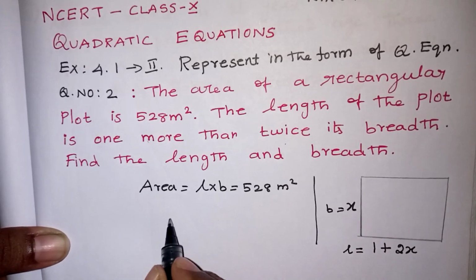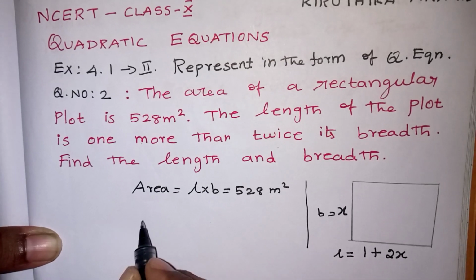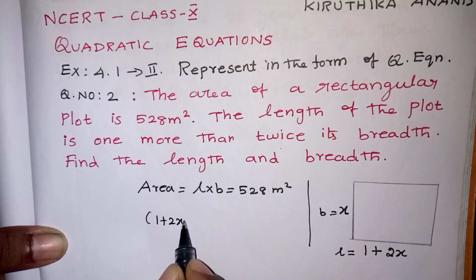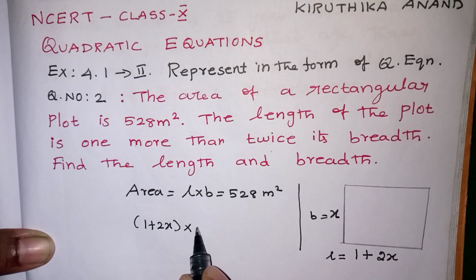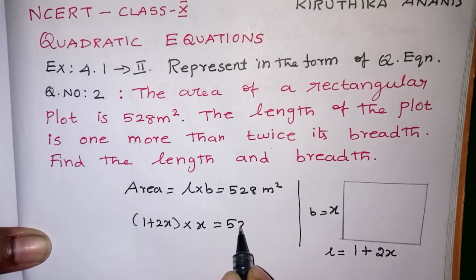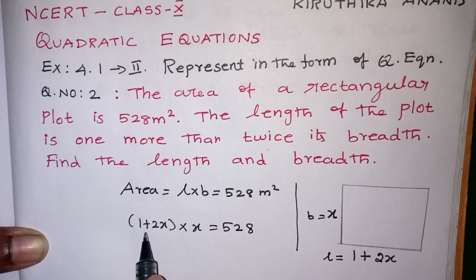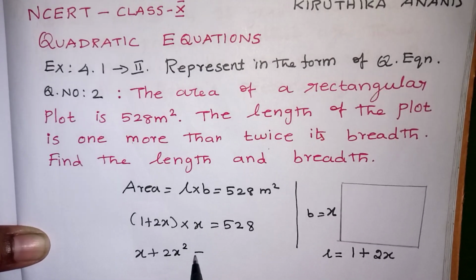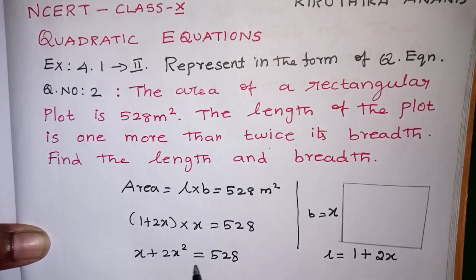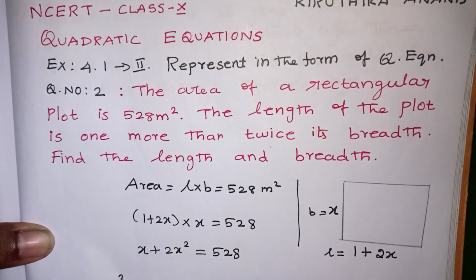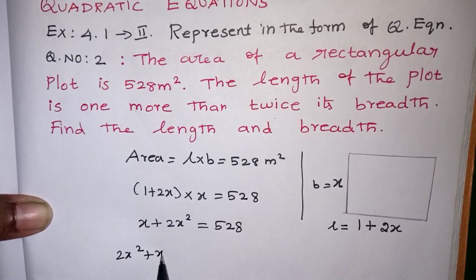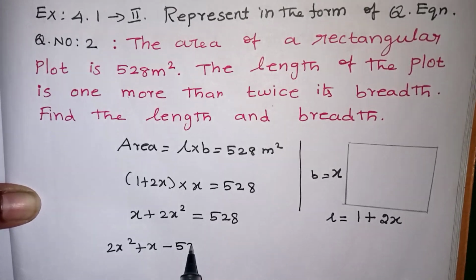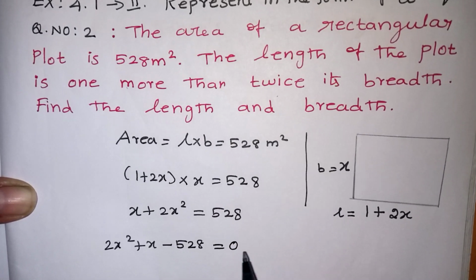Now just substitute here. In the place of L take 1 plus 2x and multiply by the b value x, which is equal to 528. Just multiply inside. 1 into x is x, plus 2x into x is 2x squared, which is equal to 528. Bring this term to this side. So 2x squared plus x, this 528, when you bring it to this side it will become minus, equal to 0.